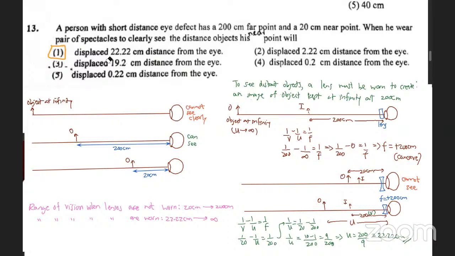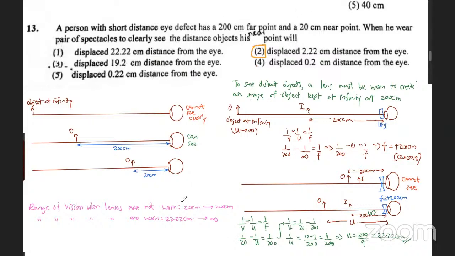And people, read the answers. I'm sorry, the answer says displaced 22.22 centimeters from the eye. So earlier it was 20, now it has gone to 22.2. So what is the answer? Should be the second one, no, people? Should be the second one, I think. Displaced means the near point has moved by what distance? Earlier it was 20. Here 20 is the near point.